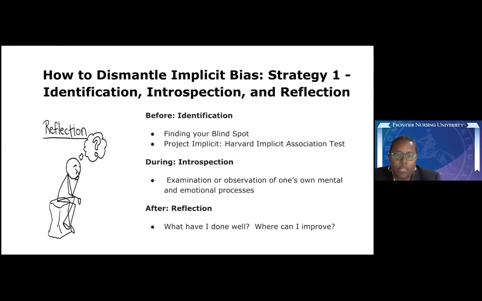If this statement is what immediately came to your mind, you might be suffering from what is called the implicit bias blind spot. That terminology was coined by Banaji and Greenwald, whom Dr. John spoke about earlier. And I submit to you that as good as you are, as wonderful as we think each other are, everyone has implicit bias or unconscious bias.